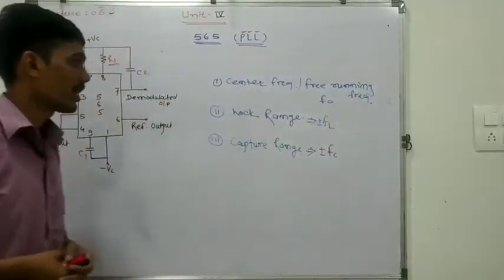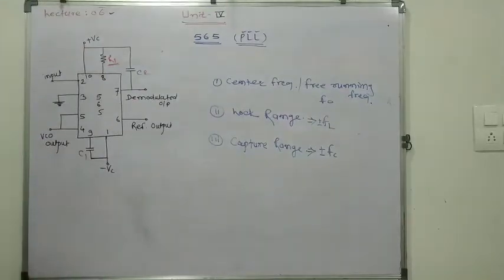Now, what is lock range? Lock range is when the PLL is locked, it can track frequency change in the incoming signal. The range of frequency over which the PLL can maintain the lock with the incoming signal is called the lock range or tracking range.